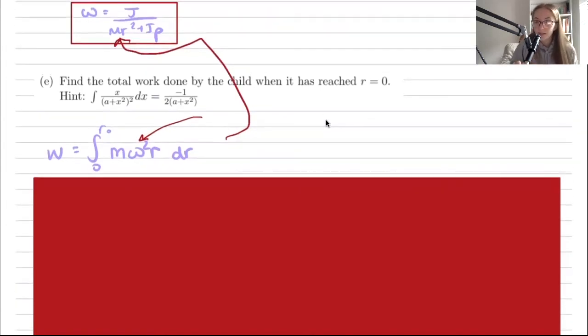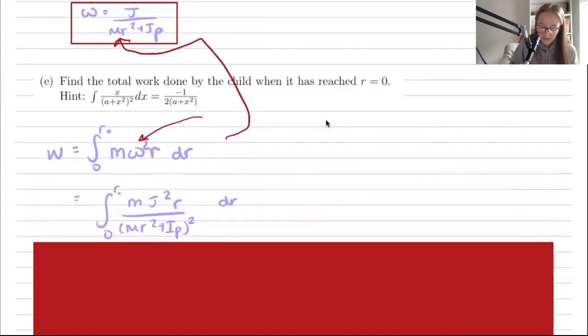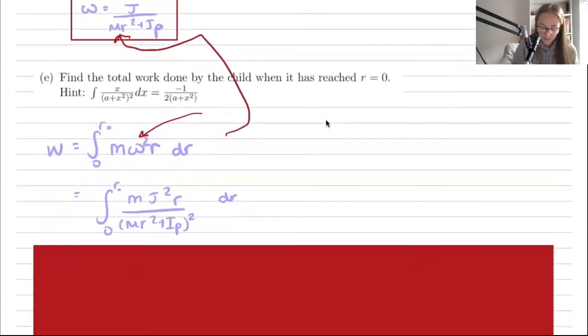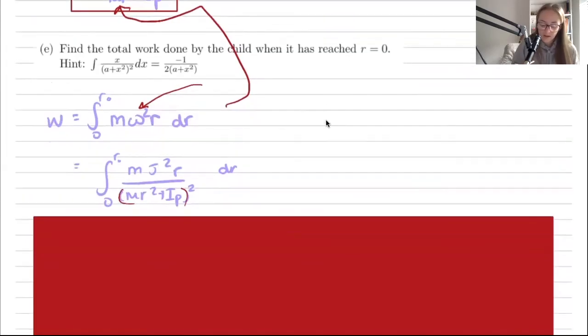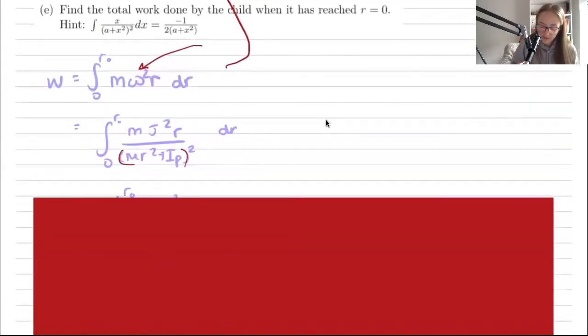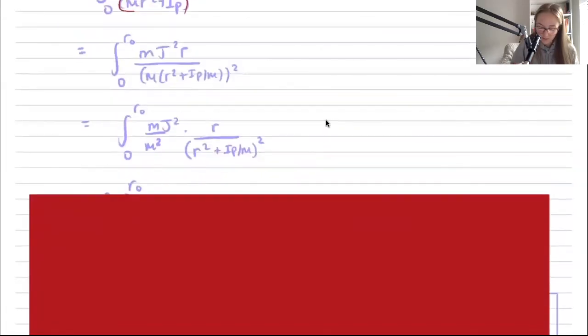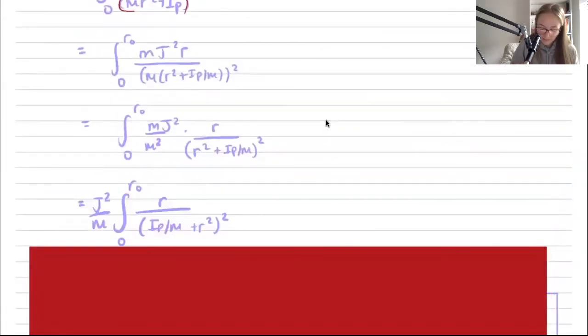So we have to take that into account in our integral. So if we just stick in what we said omega was, so omega squared changes to J squared over m r squared plus IP all squared. We can stick that into our equation and then rearrange this equation to look like this.